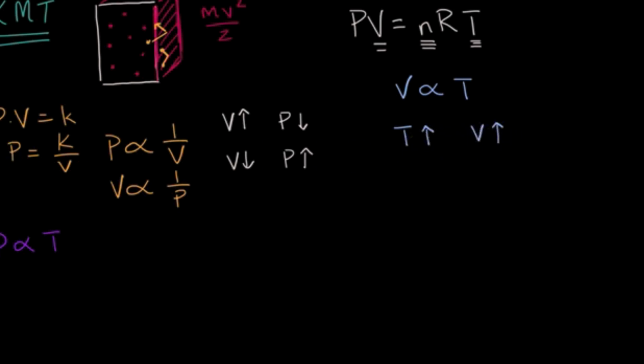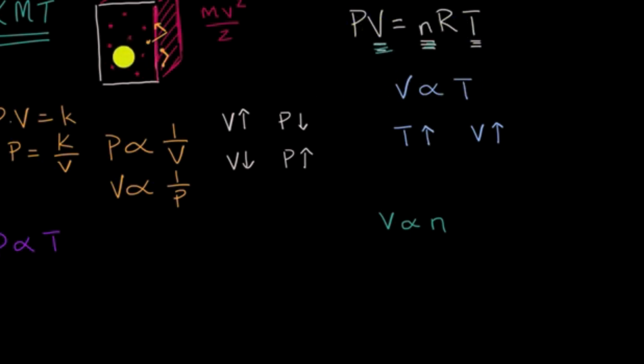Now, another one is the relationship between volume and the number of moles. If everything else is held constant, the ideal gas law would tell us that volume is going to be proportional to the number of moles of the gas that we are dealing with. And that makes sense because once again, you're holding everything else constant. You want pressure to be constant, temperature to be constant.